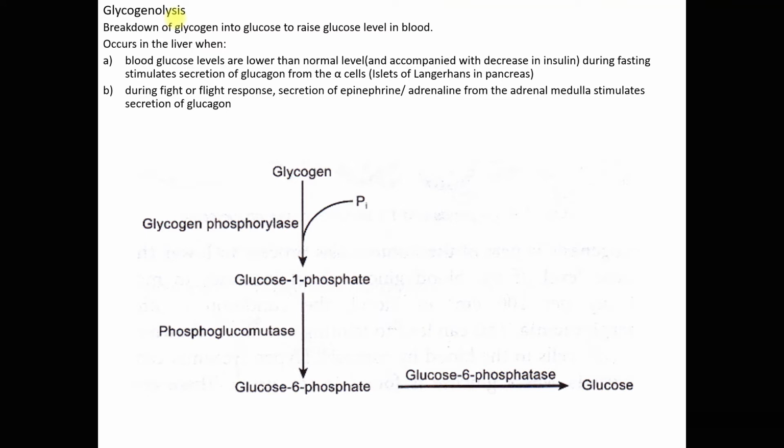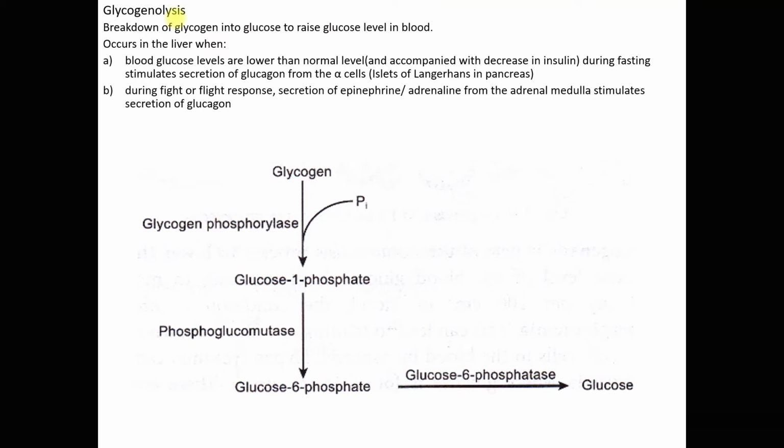First, when the blood glucose levels are lower than the normal level, and this is usually accompanied by a decrease in insulin, which occurs usually during fasting.